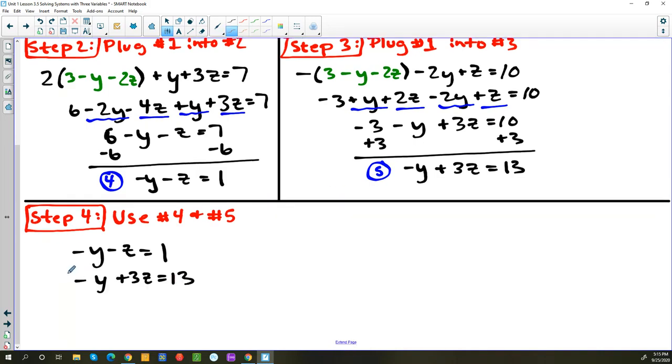So now what I'm going to do is I can either multiply one of these by negative 1, or I can go ahead and subtract, either way, whichever one you're comfortable. So if I have negative y minus negative y, those will eliminate each other automatically.